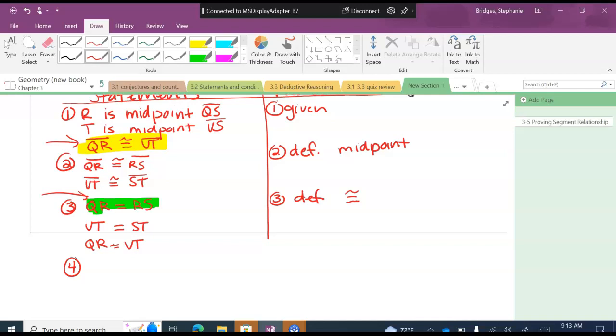All right, so if QR equals VT, what else does QR equal? You told me. It's highlighted in green. QR equals RS, okay? And then what else does VT equal? I highlighted it in blue. ST, okay? That is going to be substitution.